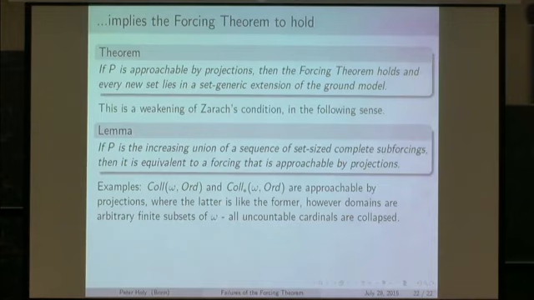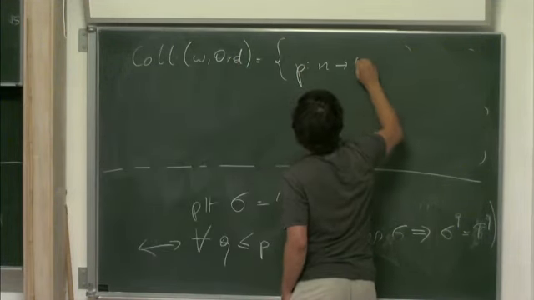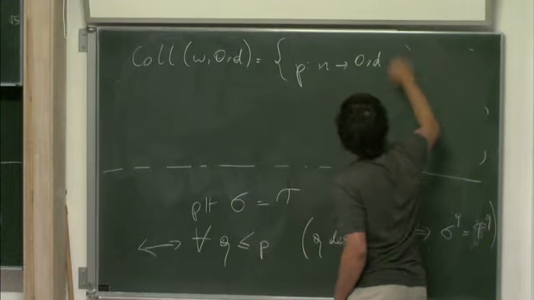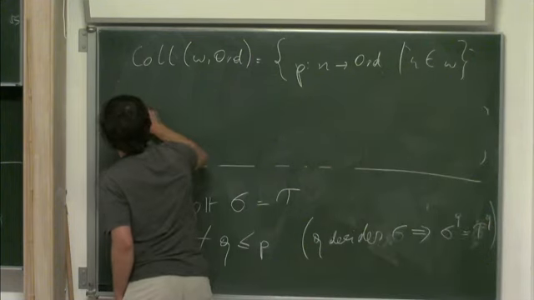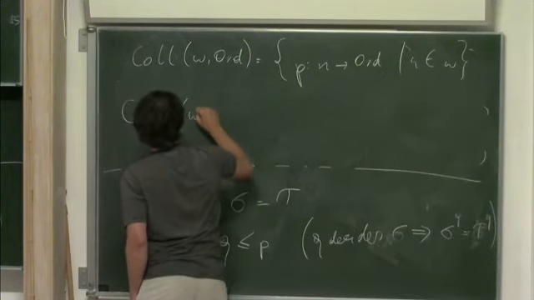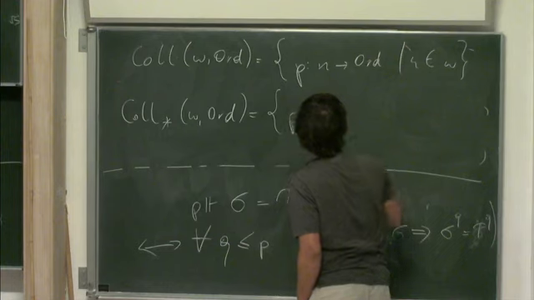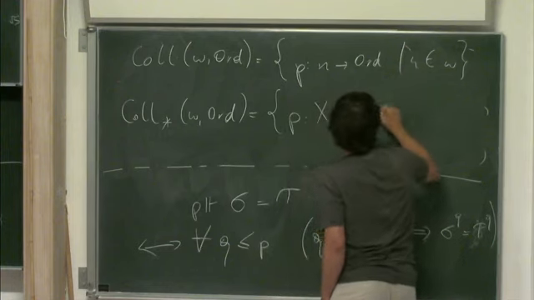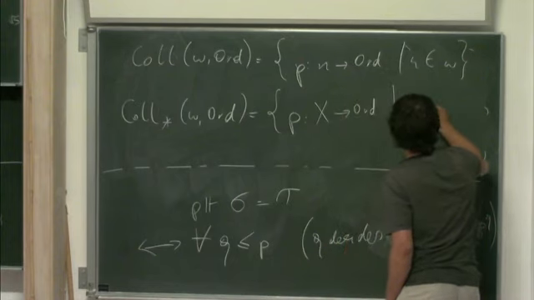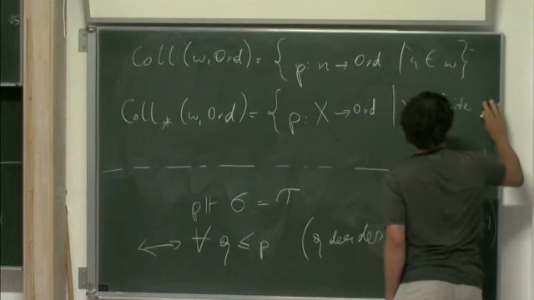So Coll(omega, Ord) was the collection of all functions p from n to the ordinals, where n was a natural number. Now Coll*(omega, Ord) is the collection of all functions p from x to Ord, where x, a subset of omega, is finite.